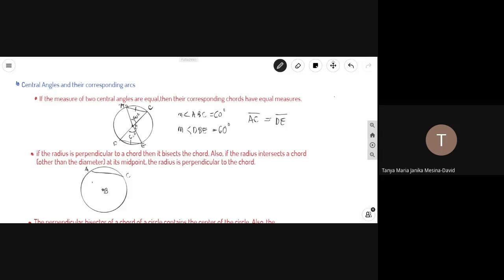So if, for example, the radius BD is perpendicular to AC, then it means that BD bisects the chord.